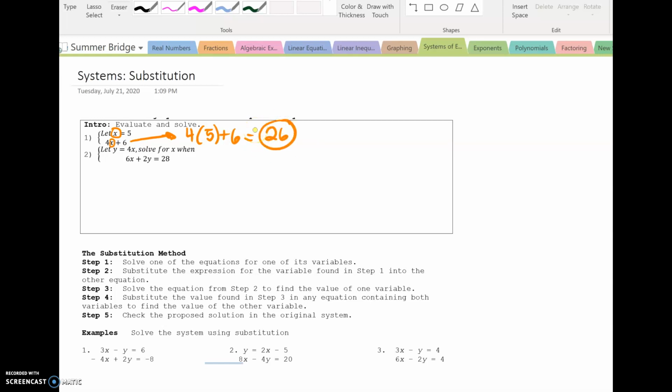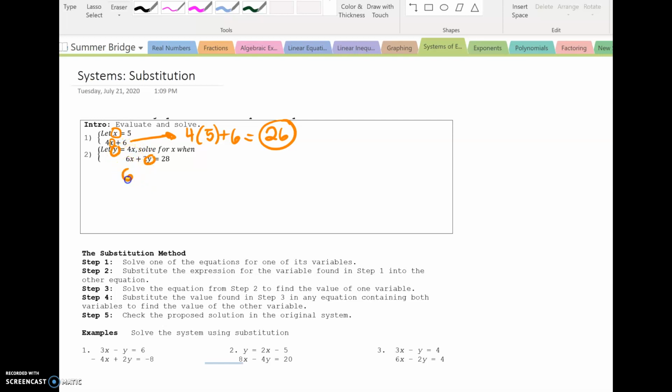Okay? Now, in my next example, I've said that y is equal to 4x. So I've defined y to be equal to 4x. And then I have a linear equation where I have a y in there, which is the same as what I have defined y to be. Which means to say I can replace this y with what I've defined y to be, which is 4x.